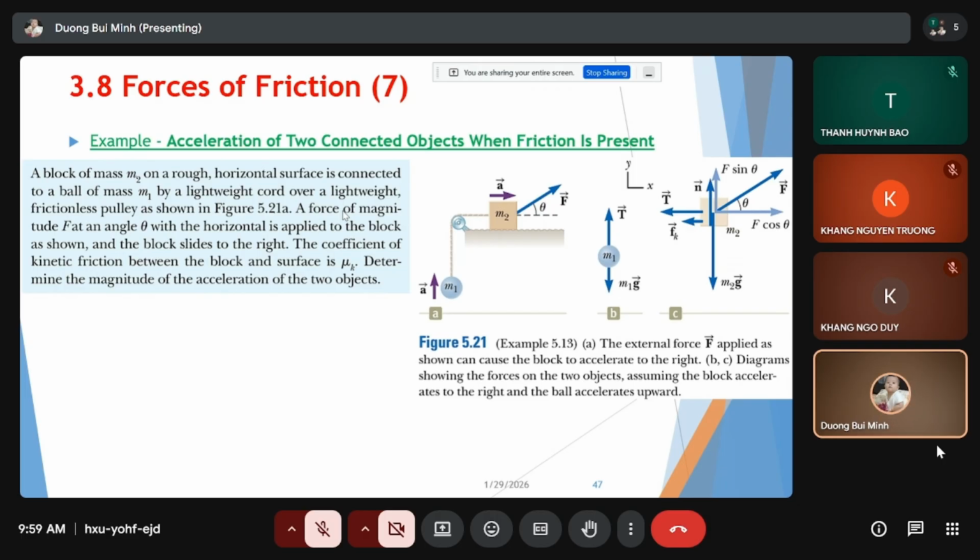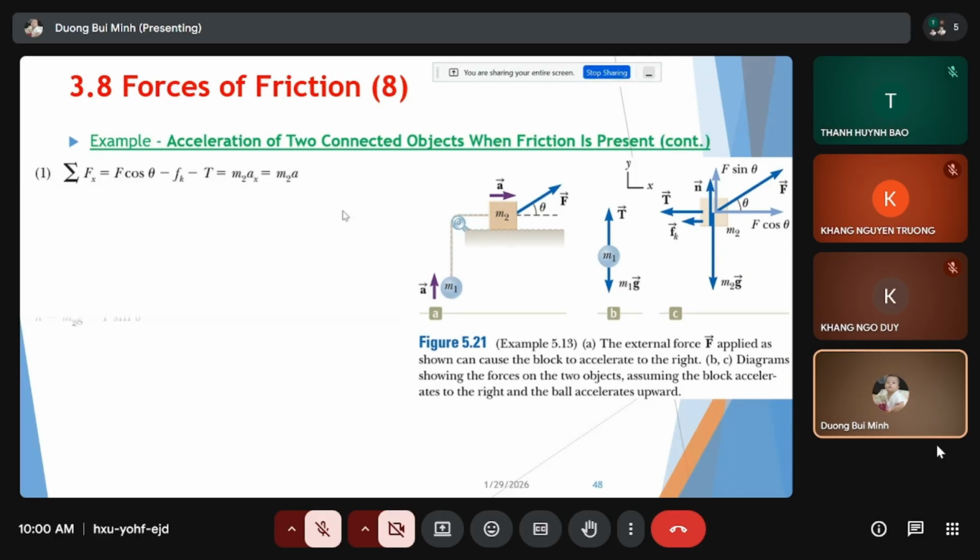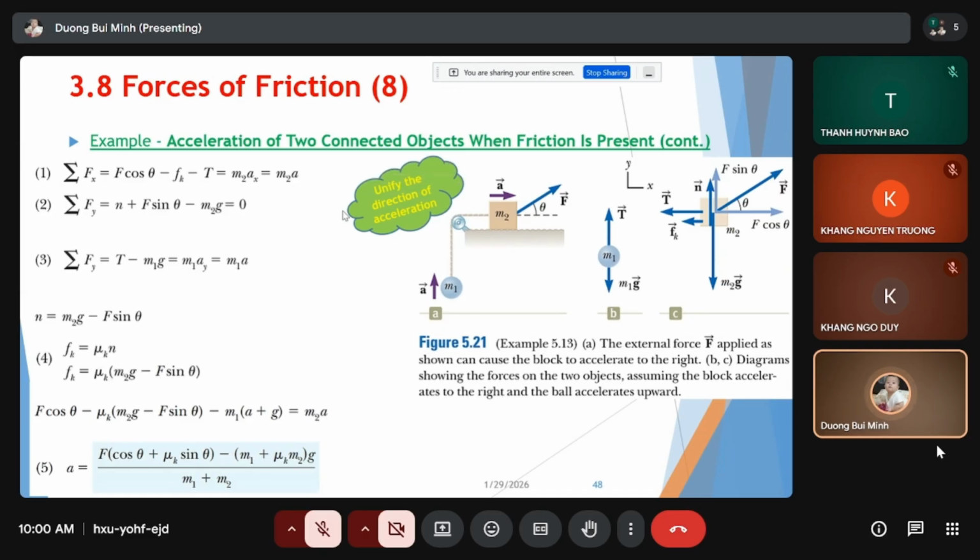We say Fk, right? That's all. And then we can apply Newton's second law to get the answers. So here we have Newton's second law. Application. Just read it for yourself. Five minutes.